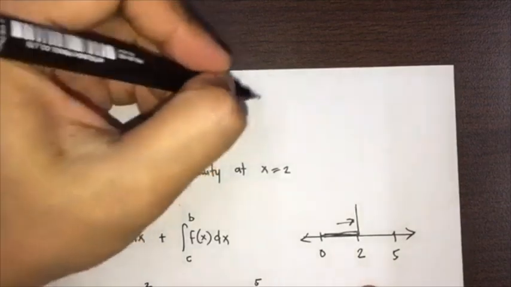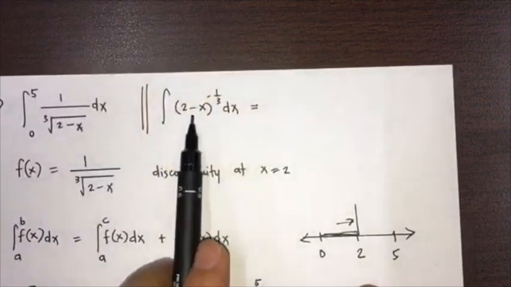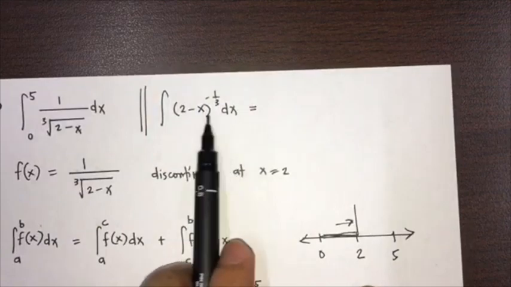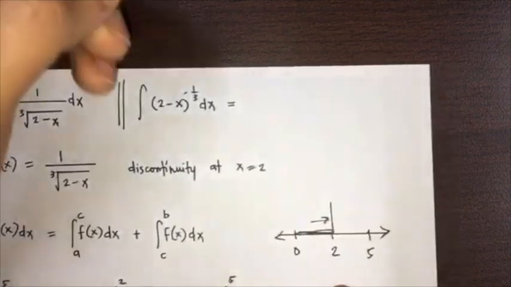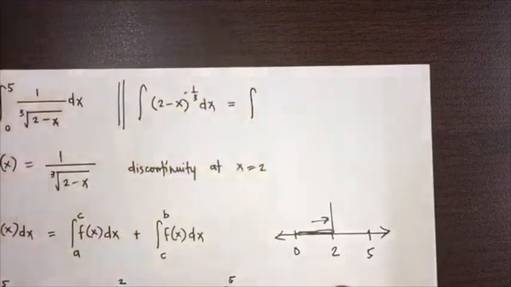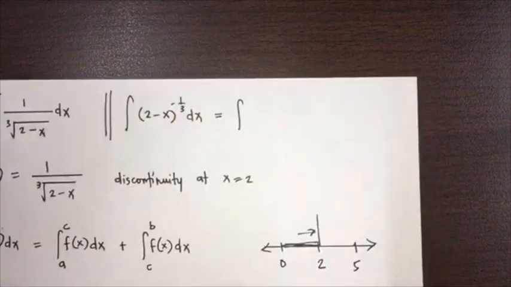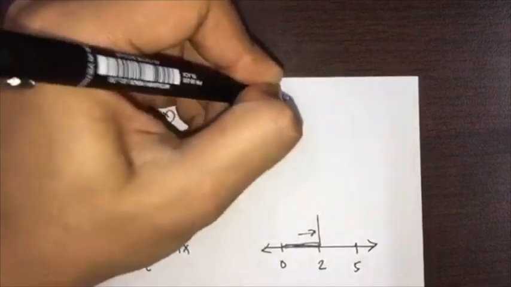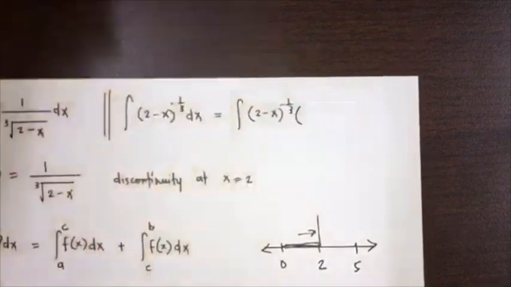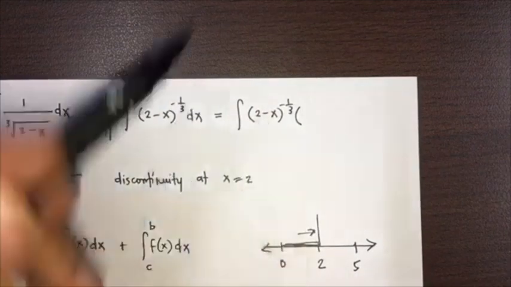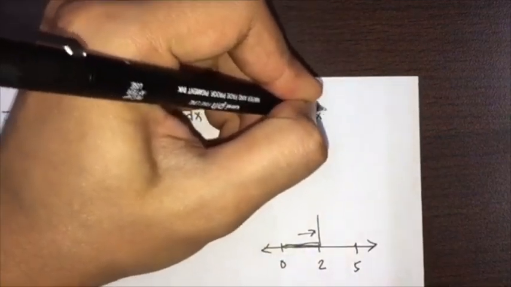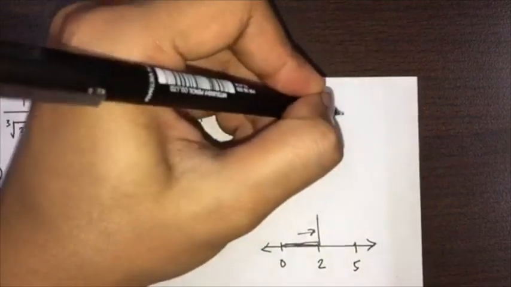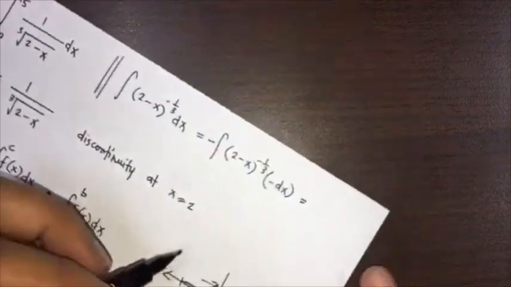We have a missing negative coefficient in the differential part, so that we can follow the general power formula. The integral of 2 minus x raised to negative 1/3 times the differential of this, which is negative dx. So we put a negative here, and then we can use the general power formula.